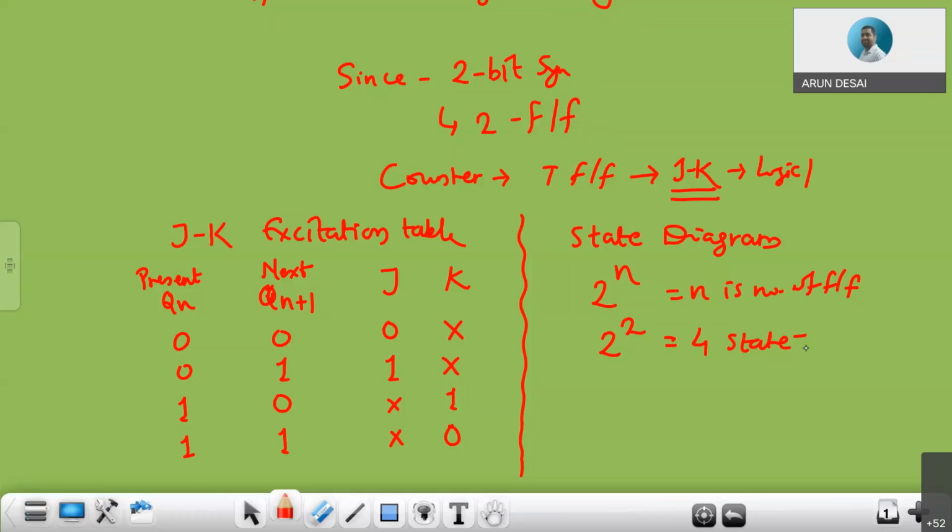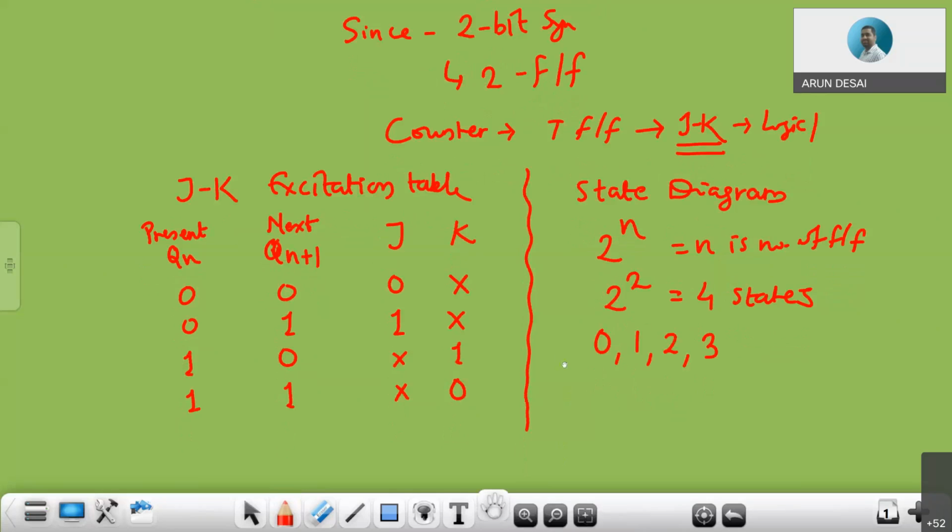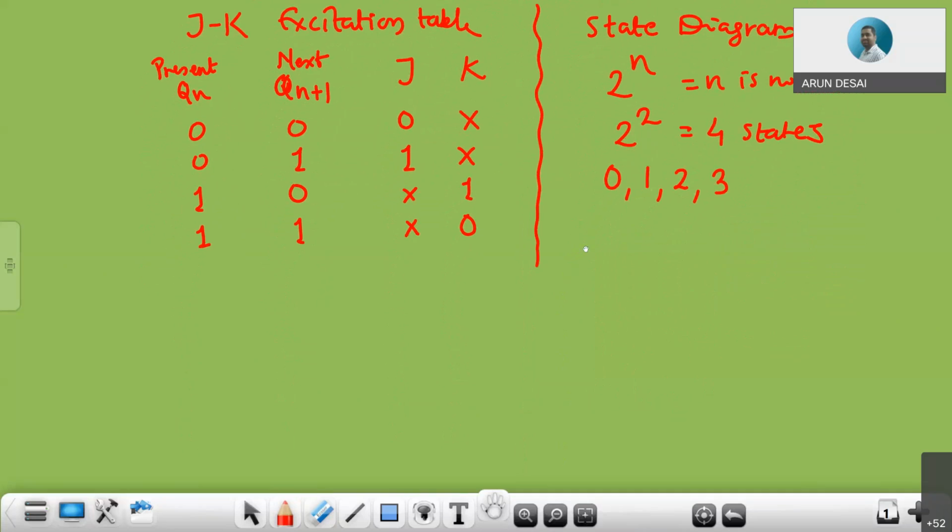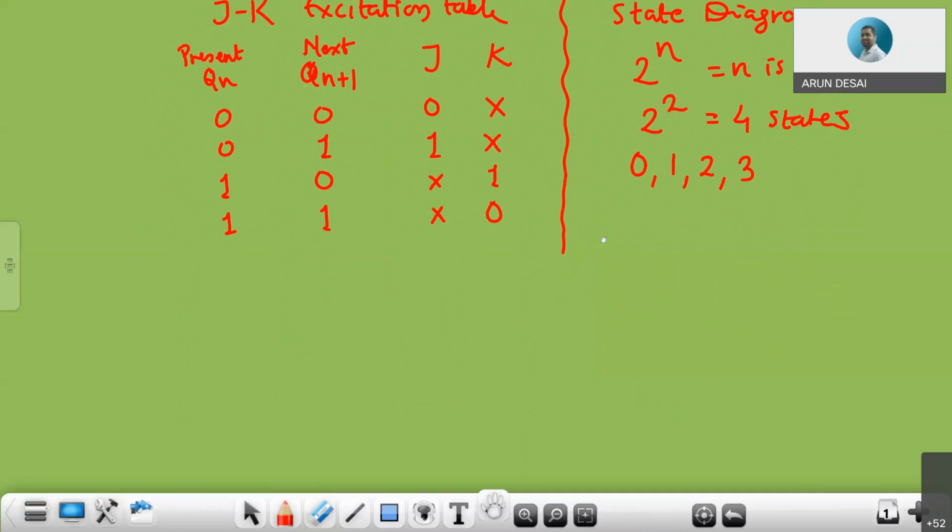That is 0, 1, 2, 3. Those are the four states. Based on this, we need to draw the state transitions.